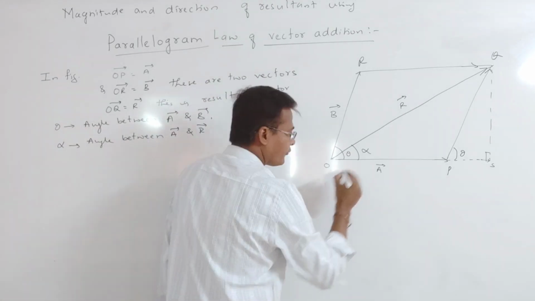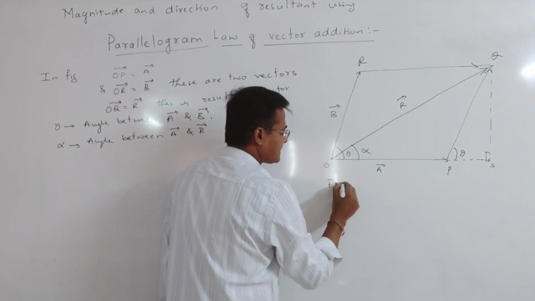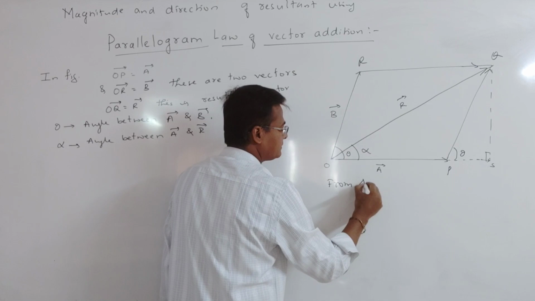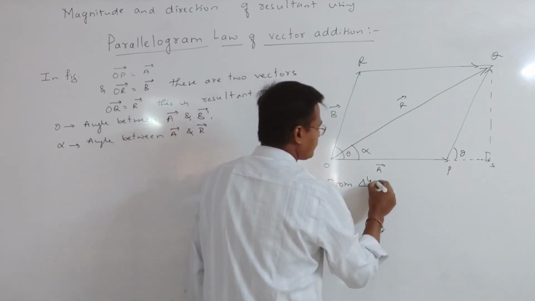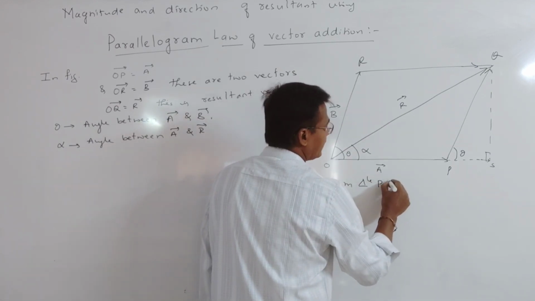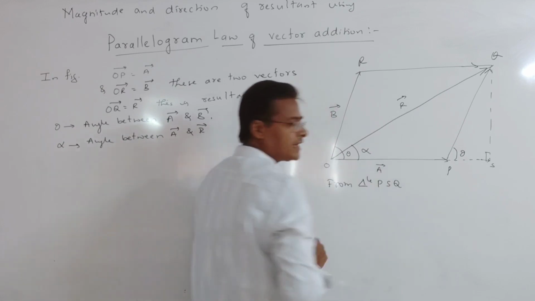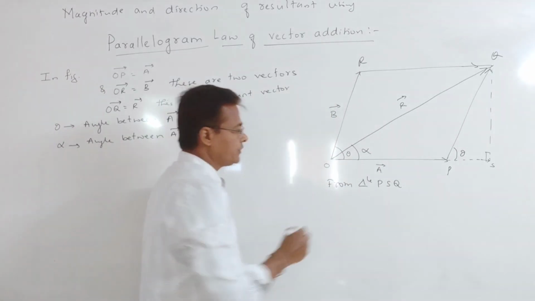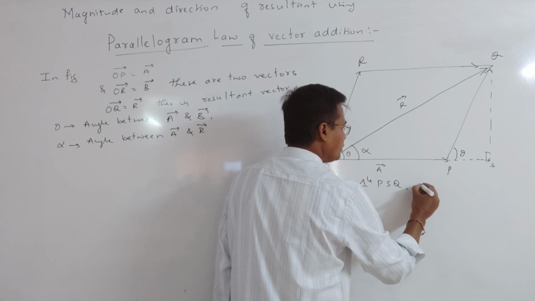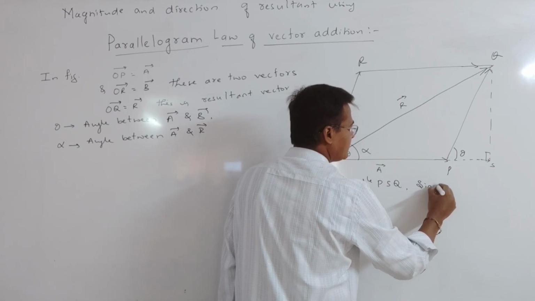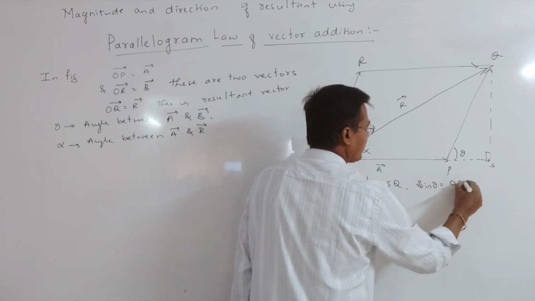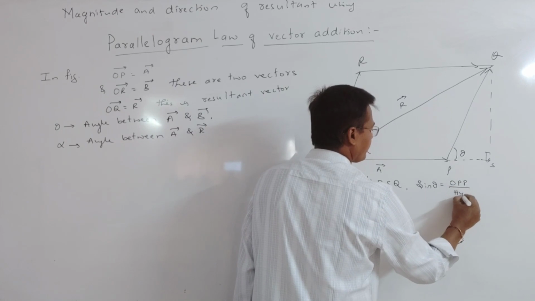So from the triangle we can consider like this way. PSQ, one triangle we are taking, PSQ. So sin theta equals, using the trigonometry function, opposite by hypotenuse.